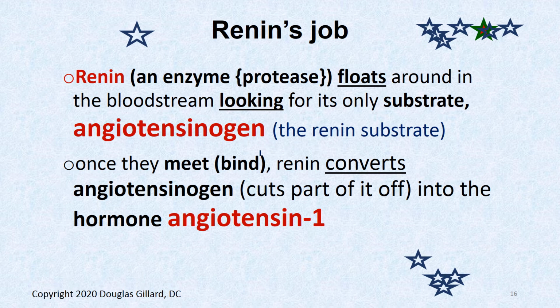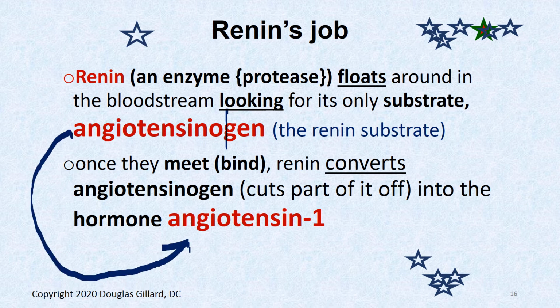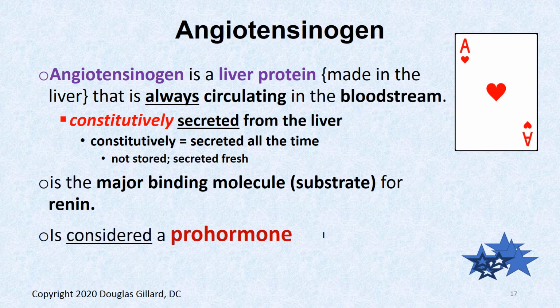And renin chops off its tail when they bind together, just chops it off, and it creates a short form of angiotensinogen. And that short form has a different name, and that's called angiotensin 1. Right? So that's what renin does. It chops off angiotensinogen and creates angiotensin 1.